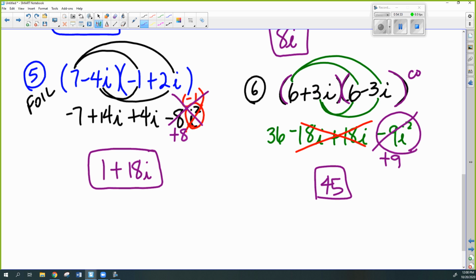These happen to be conjugates. If you multiply conjugates with i's involved, then the i completely cancels out. And that's going to be important when we get to division.